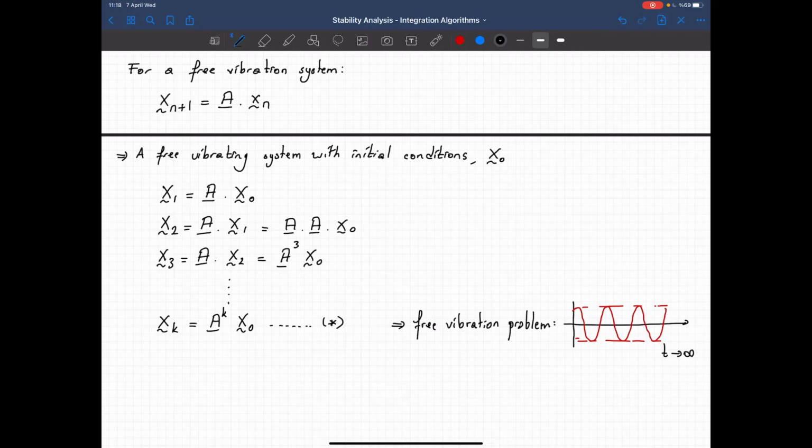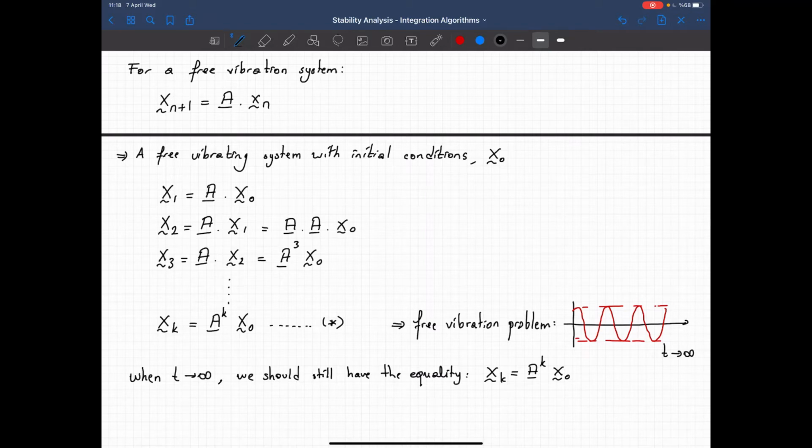So basically we can say that when t goes to infinity, we should still have the following equality. It doesn't change. x_k must be equal to A to the power k x0.